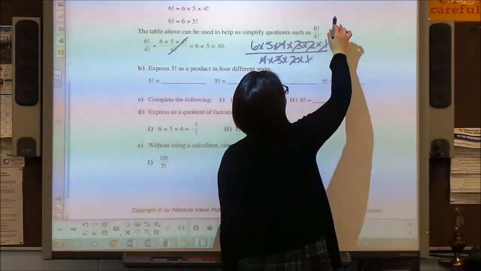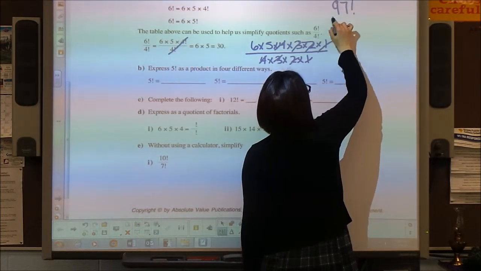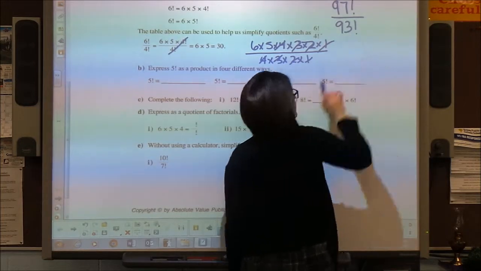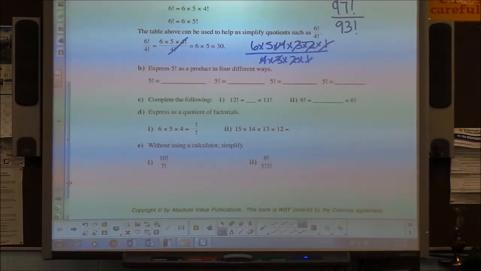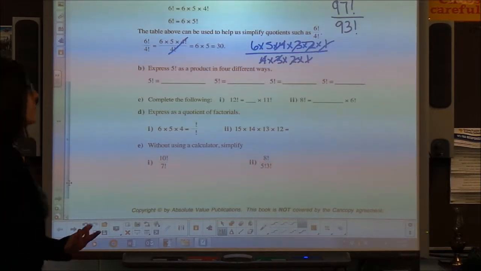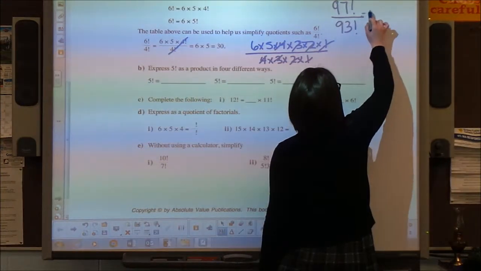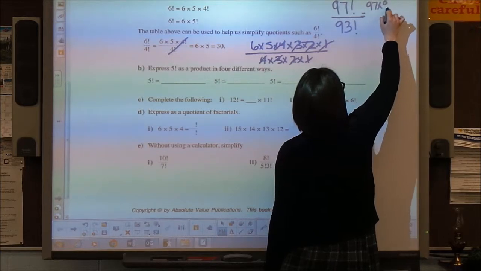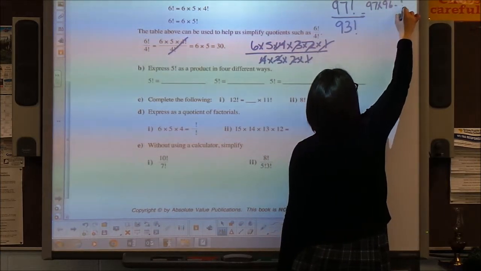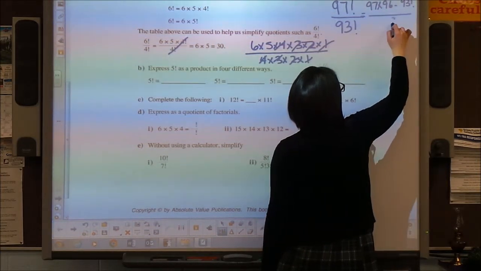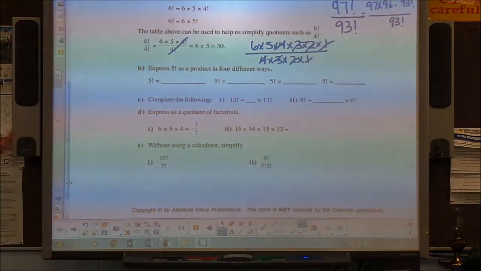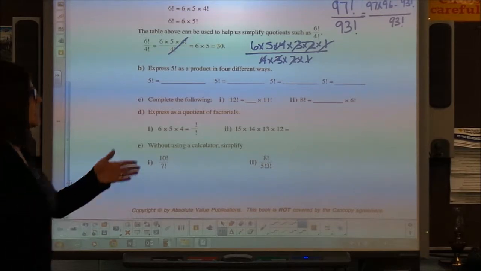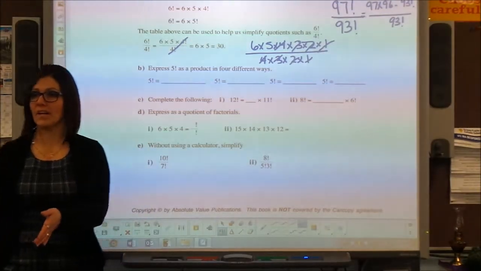But if I had 97 factorial over 93 factorial, would you want to have to write out from 97 to 1? No. So then I could start off with 97 and go down till I get to 93 factorial, which then cancels out the 93 factorial on the bottom. And then I'm left with 97, 96, 95, 94 that I multiply together.